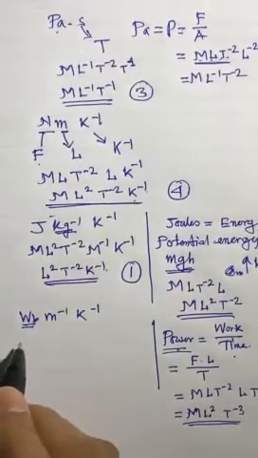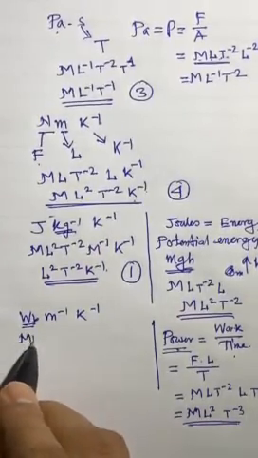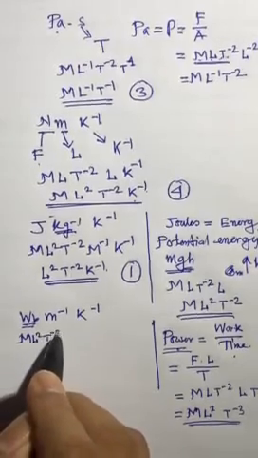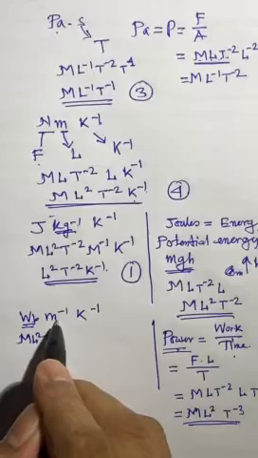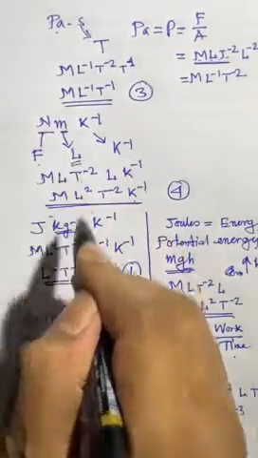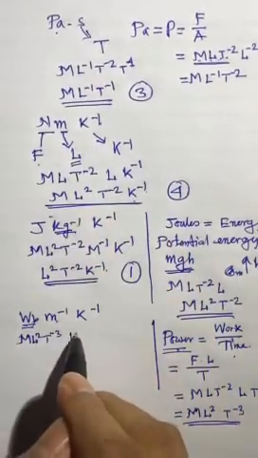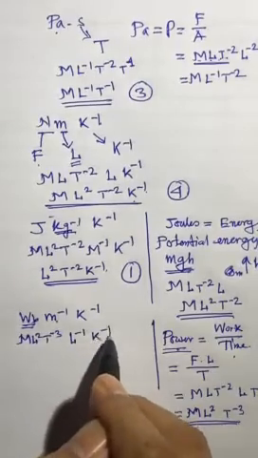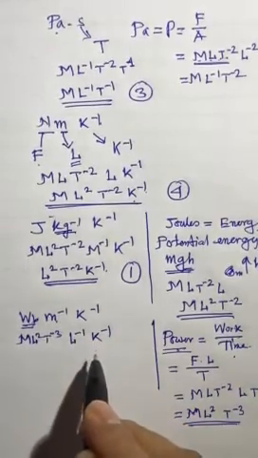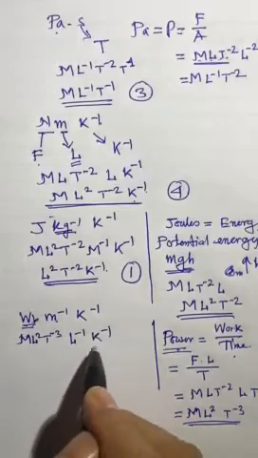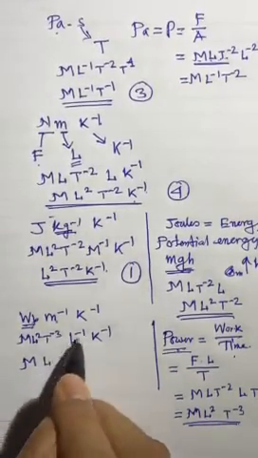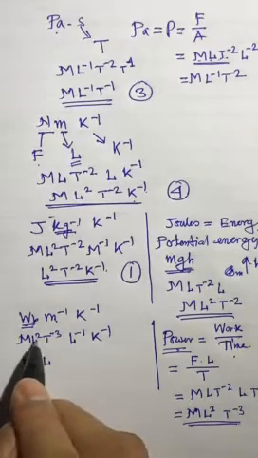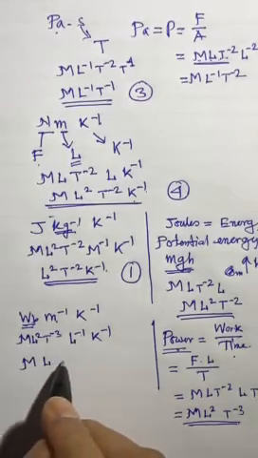So if you put here m L square t to the power minus 3, and here this m means the length, as we told before. So it is coming L to the power minus 1, and K to the power minus 1 is the temperature. We all know that. So here the L and L to the power minus 1 cancel out.